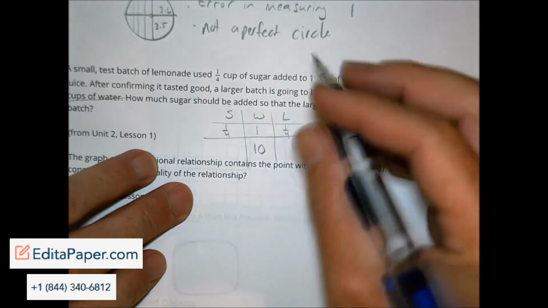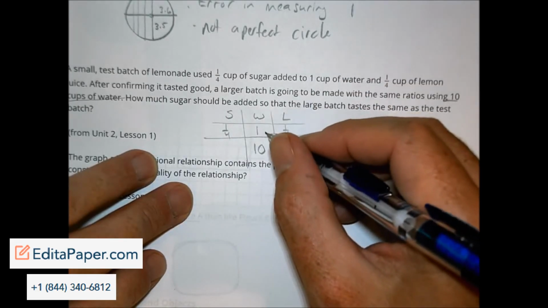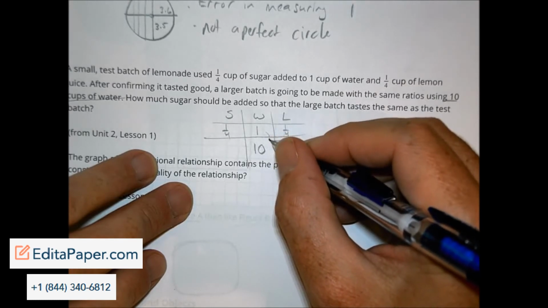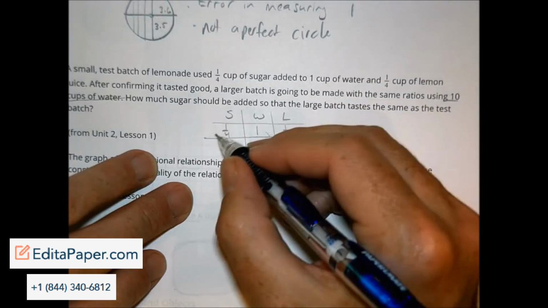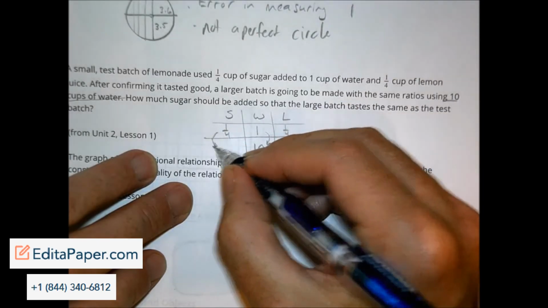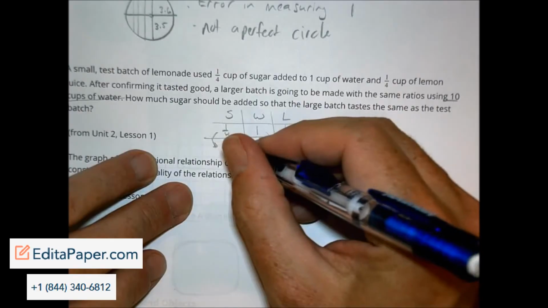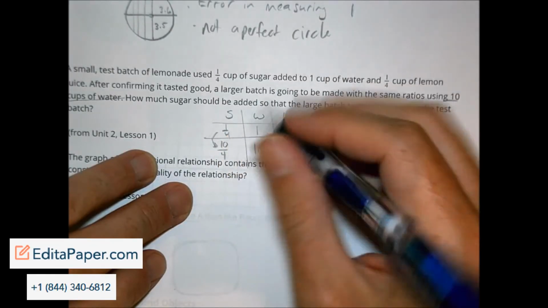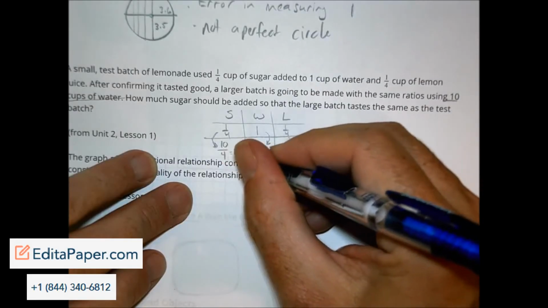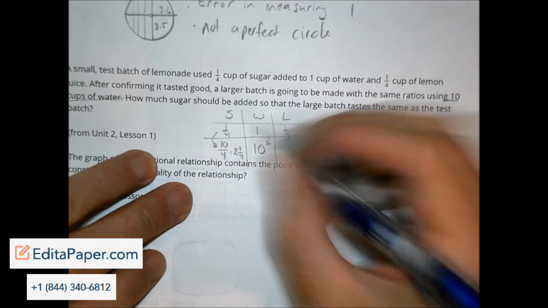And we can look at it this way. To move vertically from 1 to 10, I'm multiplying by 10 in that relationship. So if I multiply this by 10, I'm increasing by 10 times, I get 10 over 4, which can be rewritten as 2.5.